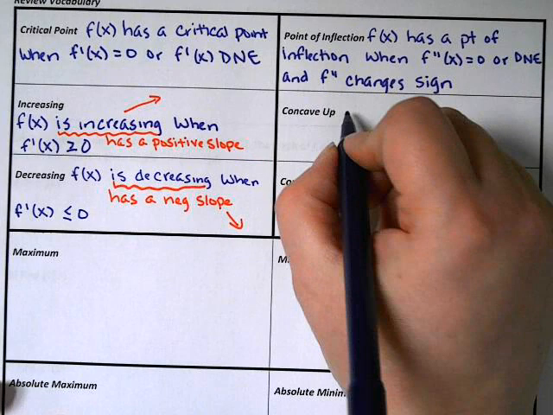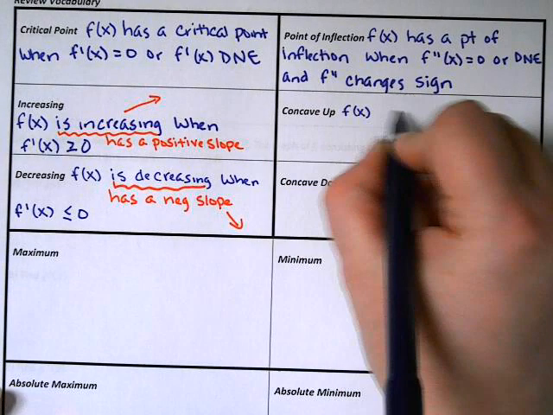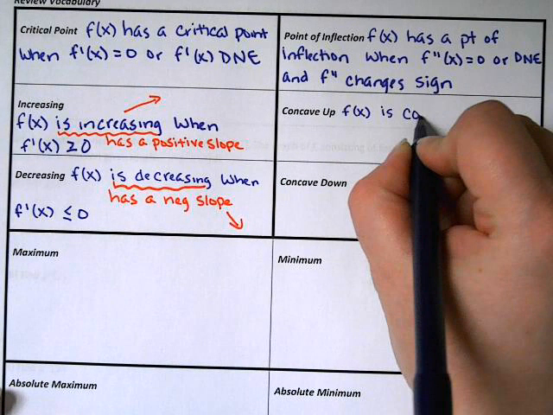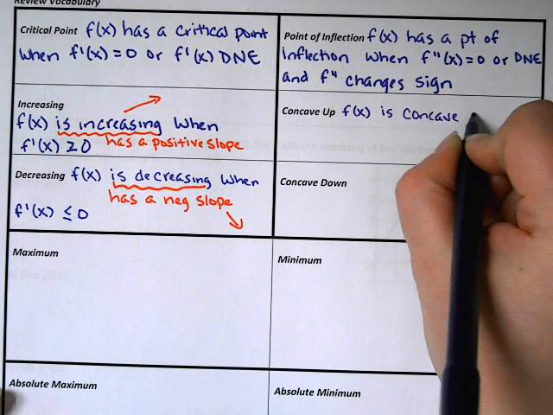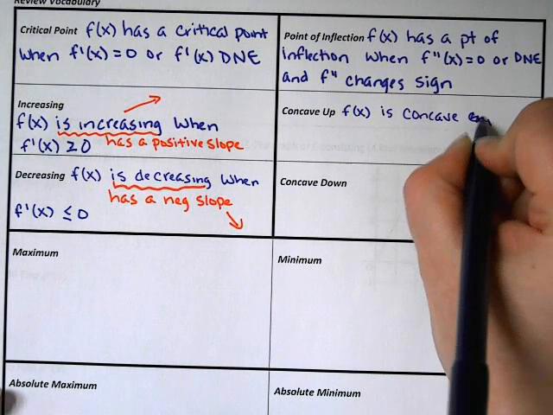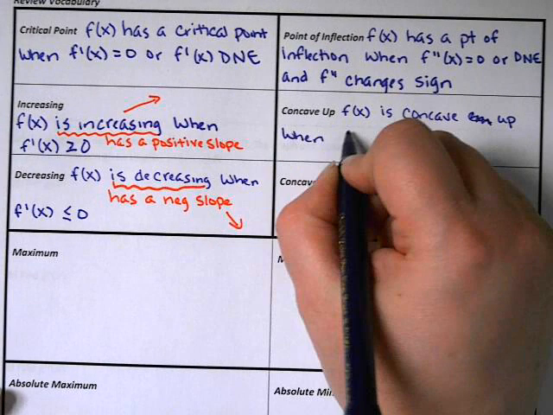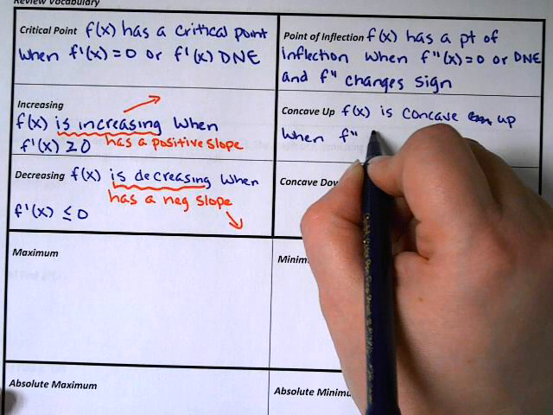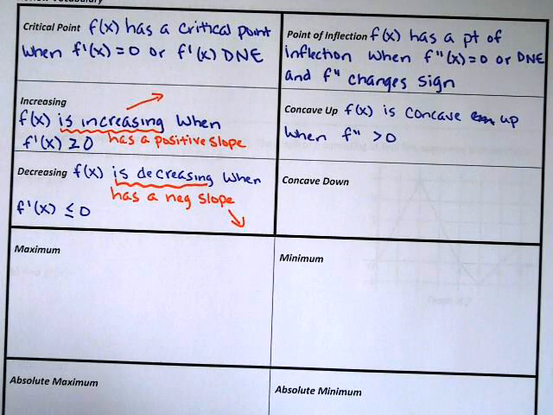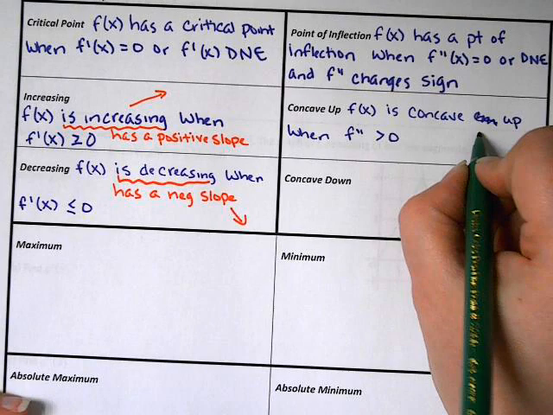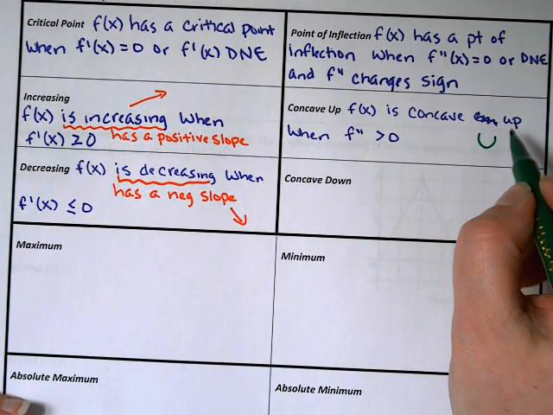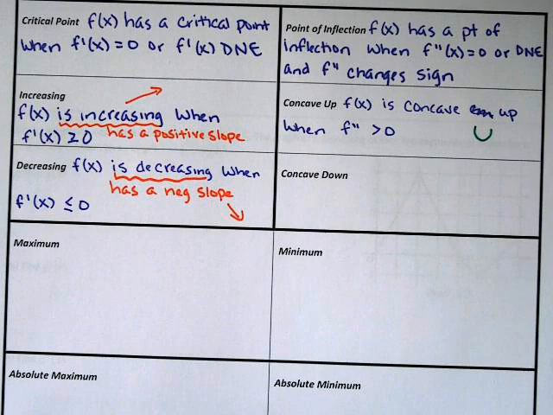f of x is concave up when the second derivative, f double prime, is greater than 0. And we know that when it is concave up, it looks like a cup. So that's why I almost wrote the word cup, my bad.